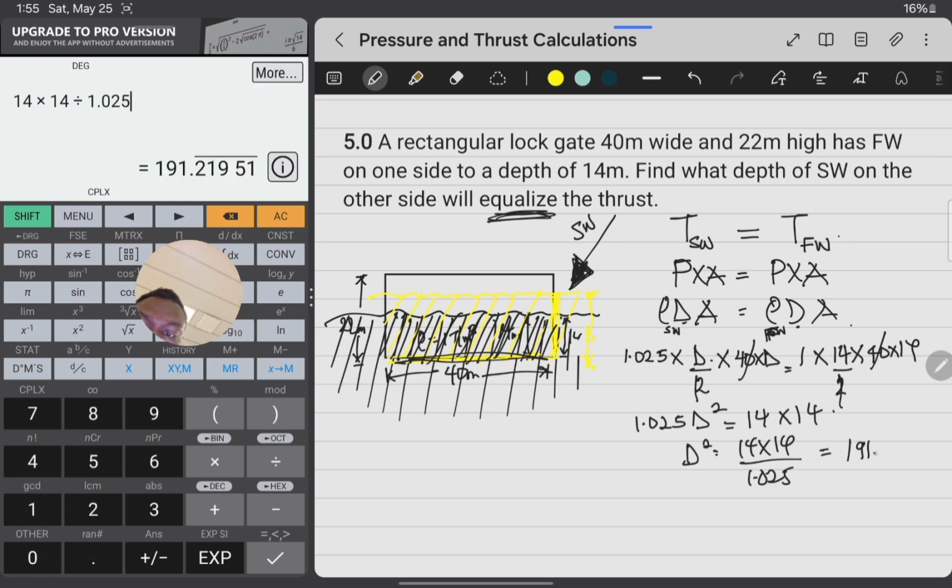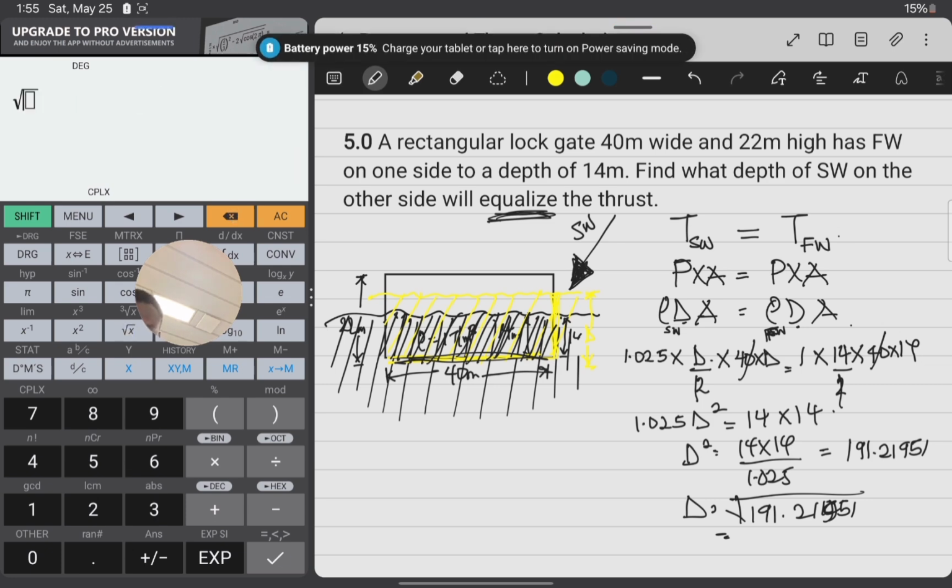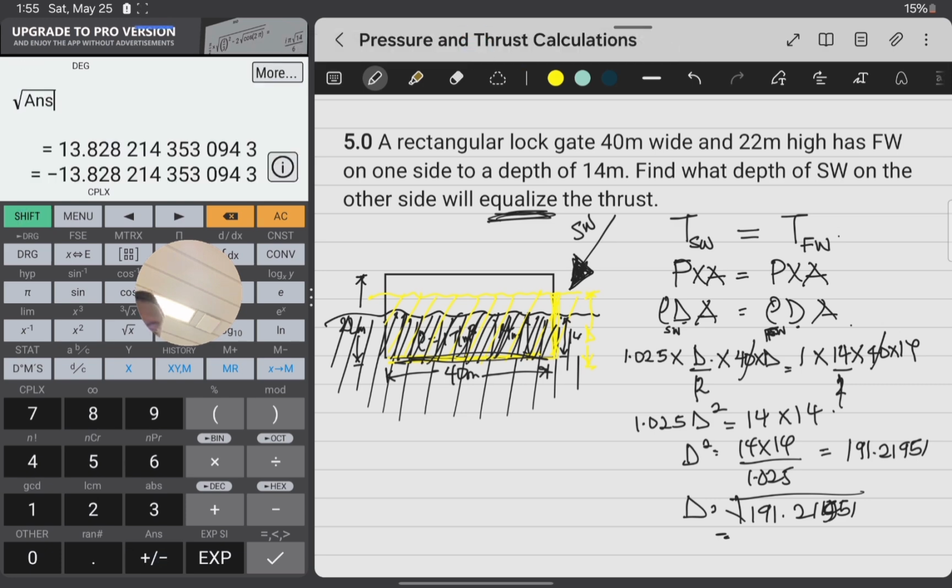We have 191.21951. So d is the square root of 191.21951, which is 13.828 meters.